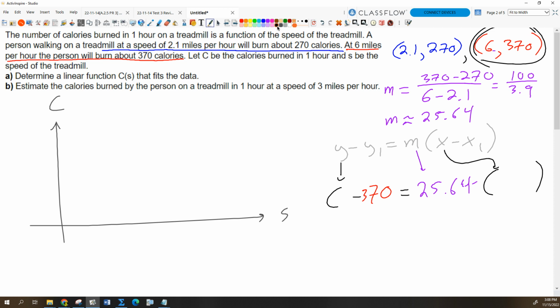Instead of x, that's going to be s minus, and we're using the red point, aren't we? So s minus 6. There's our line, isn't it? Okay, all we have to do, if we want to isolate the c and write this as c as a function of s, is just distribute that slope and add 370 to both sides, and we're done. Okay, good?